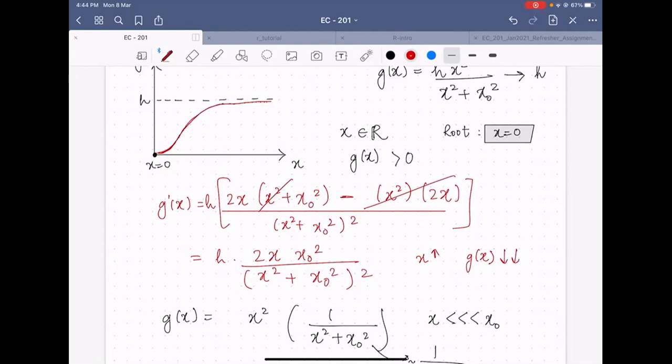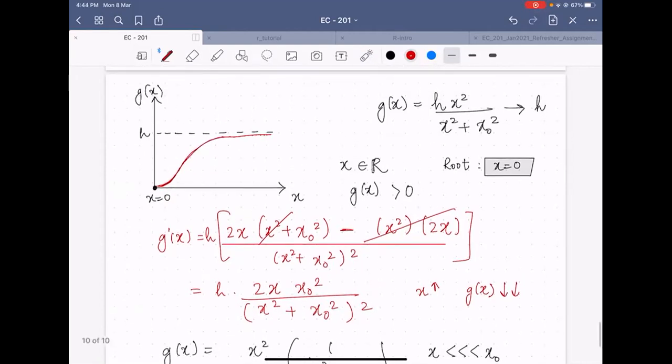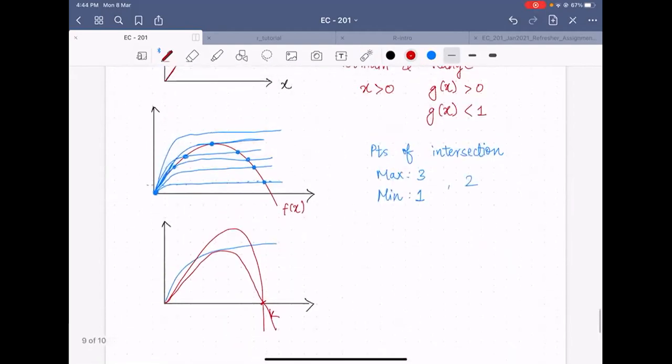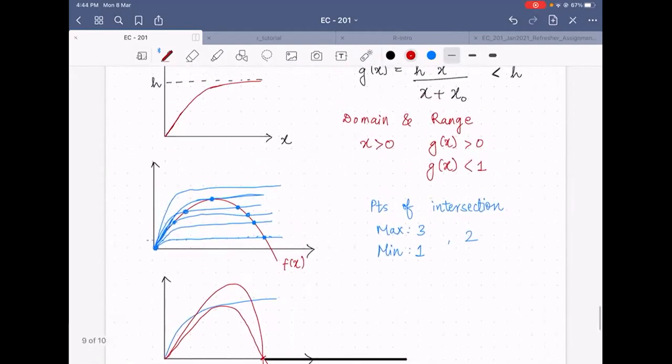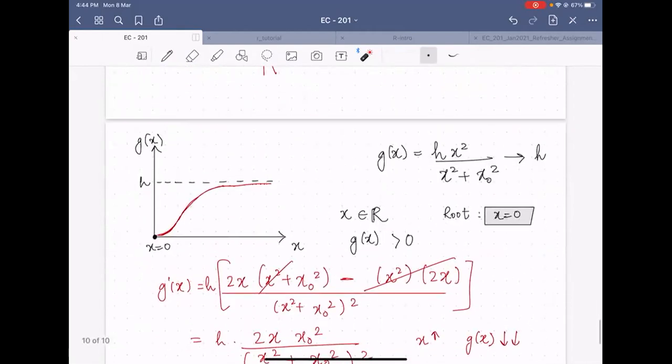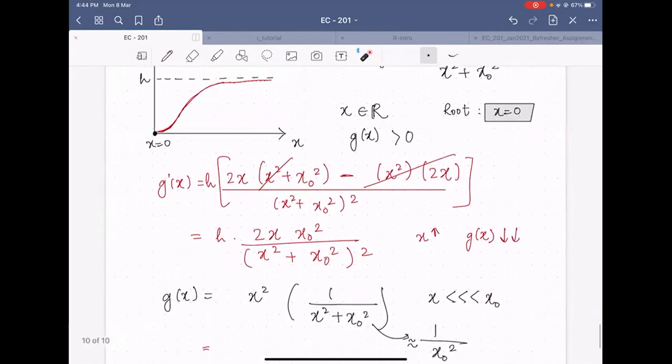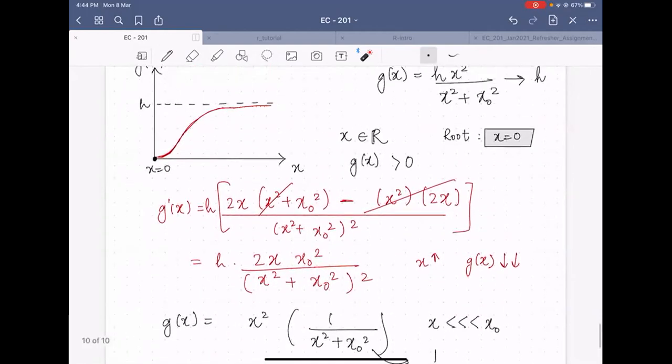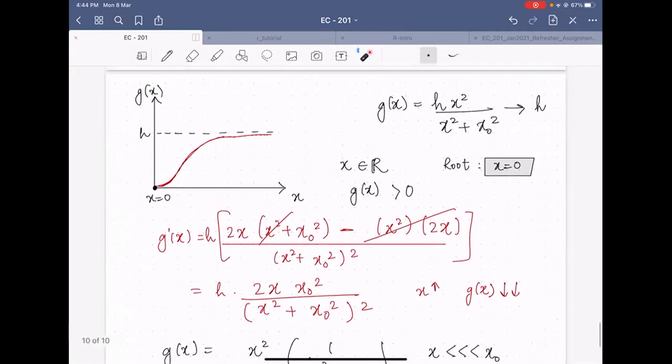So it's very different from our function before, where the increase was more linear because we had an x here. Look at this, because we had x, and look at this, because we have an x square here. So this is the basic difference between the two functions that we have.